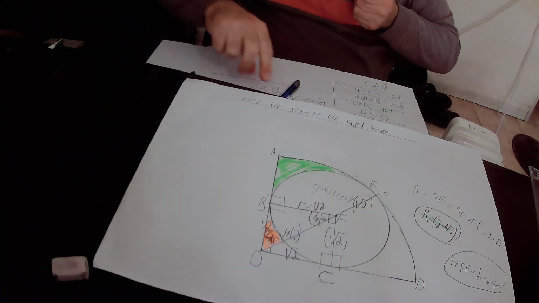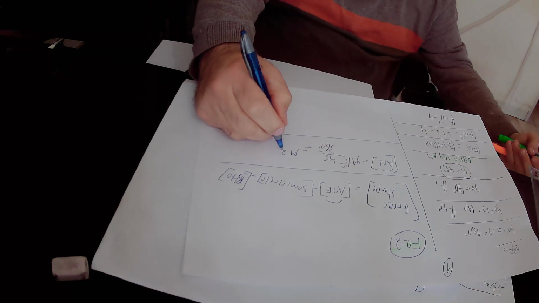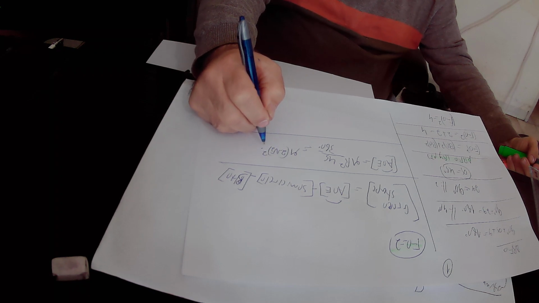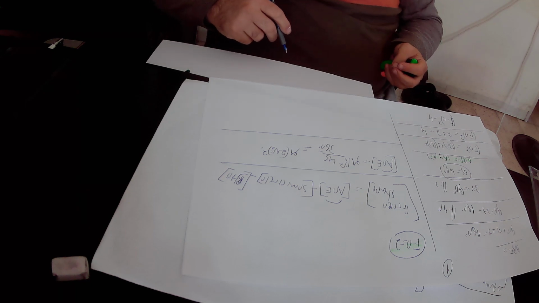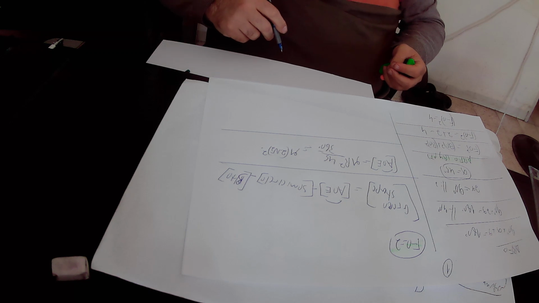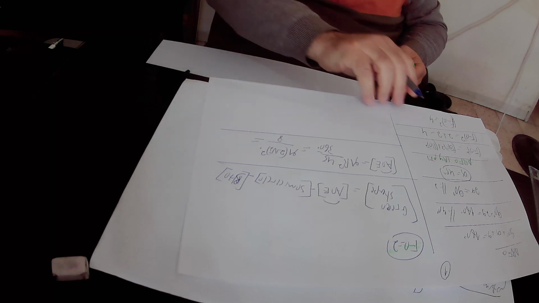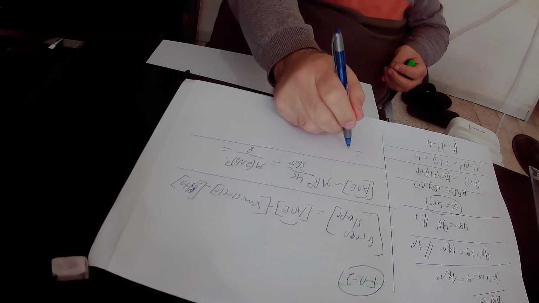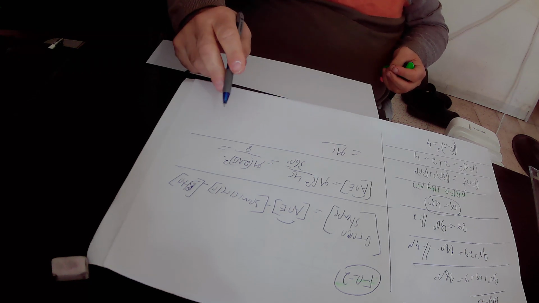If capital R equals 2 plus square root of 2, then capital R squared equals 2 plus square root of 2, squared. And 45 degrees over 360 degrees is 1/8, so we divide by 8. So the area of the big sector AOE equals pi times 2 plus square root of 2 squared.